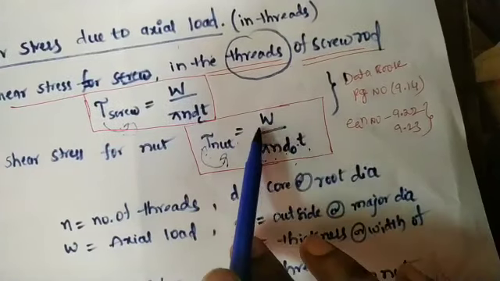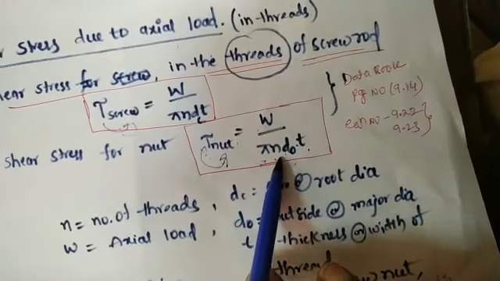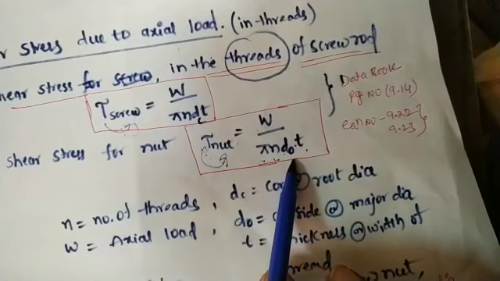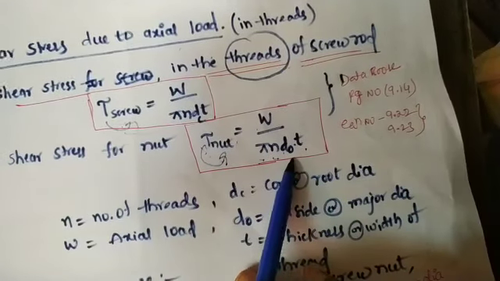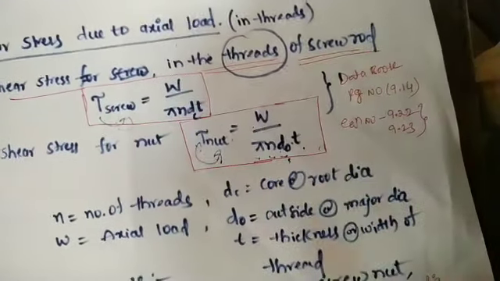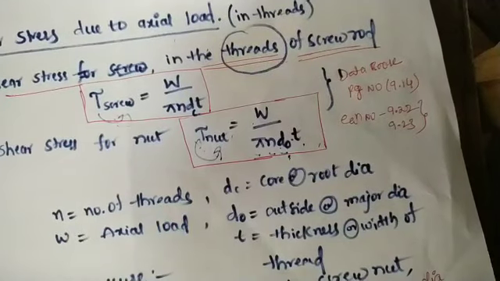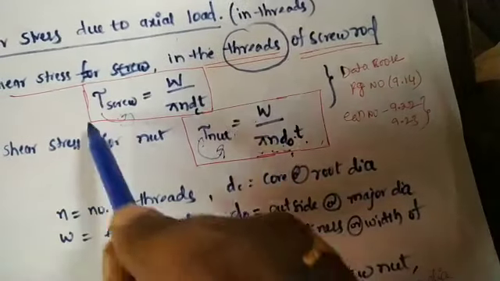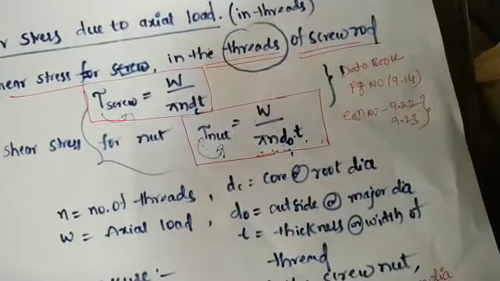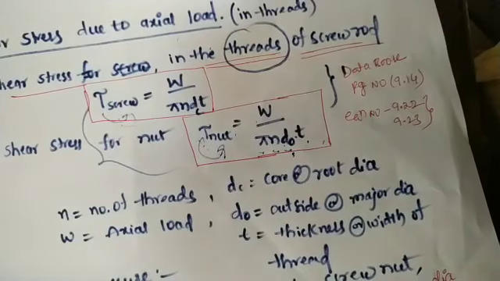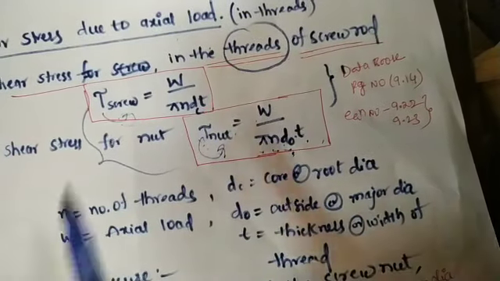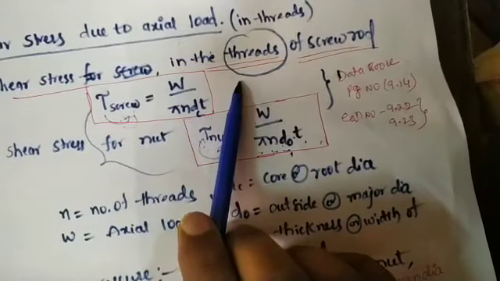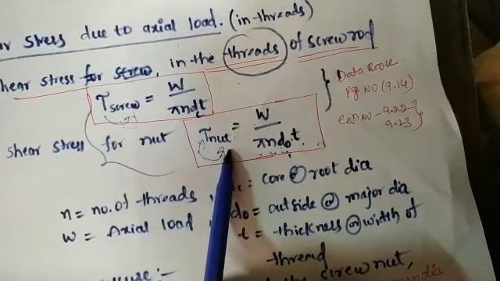W means load, n means number of threads, D naught means outside diameter or nominal diameter or major diameter, and small t means thickness or width of the thread. By using these two formulas, we find the shear stresses in the screw threads and in the nut.